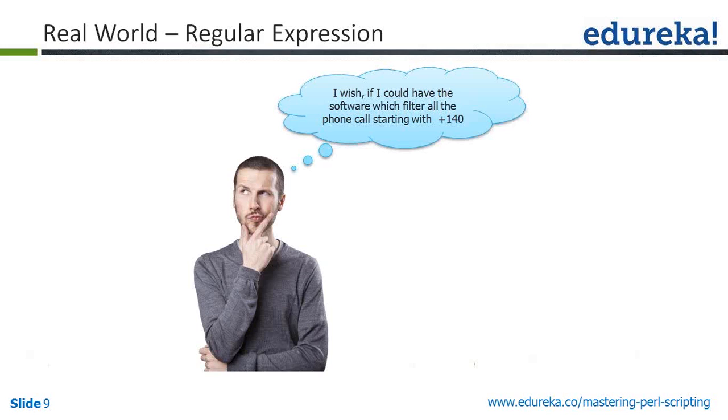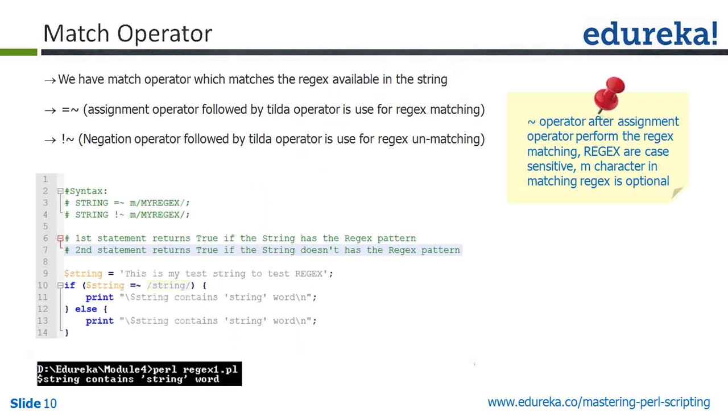Maybe you have a real-time data system in which we are receiving data from another system, and we want to filter that data and maybe substitute it, or store it in a database. All those things become very easy with regular expressions. Regular expressions are also called regex, and we are going to use them in Perl as they are. The first thing we are going to discuss is the match operator.